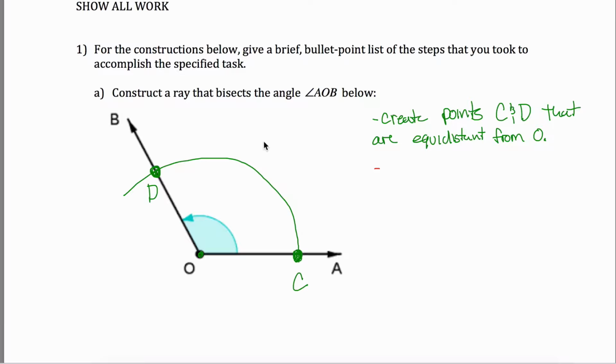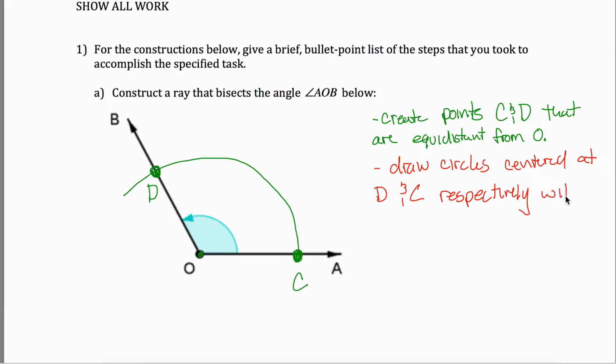All right, my next step is I am going to bisect this angle by drawing circles centered at D and C respectively with the same radius.